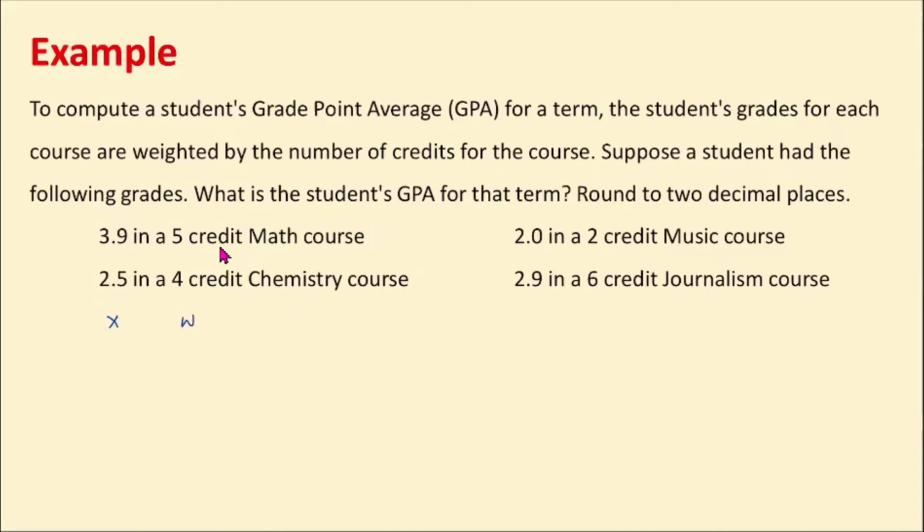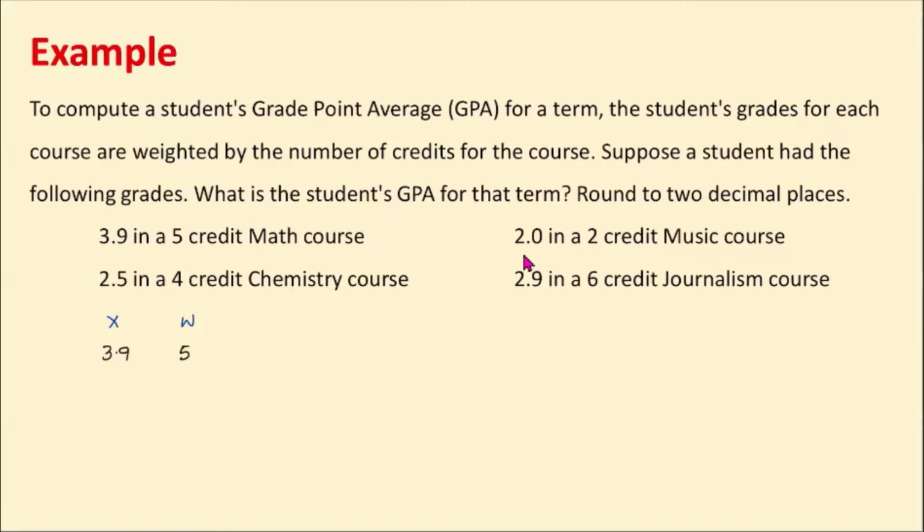Now, if we look at this carefully, what we have is a student who has a 3.9 grade value in a 5 credit class.